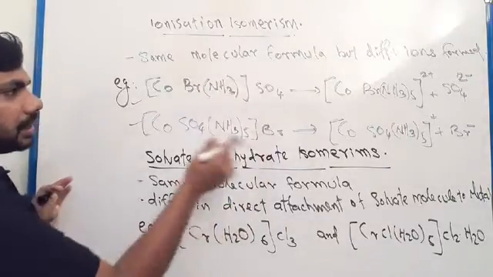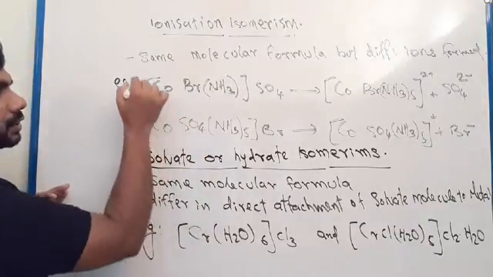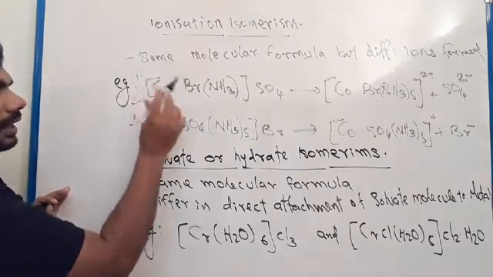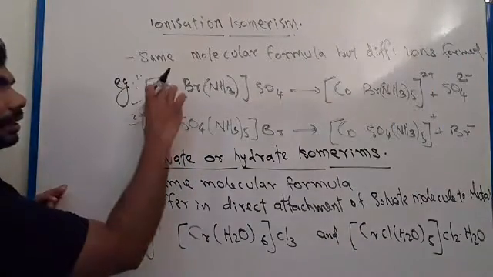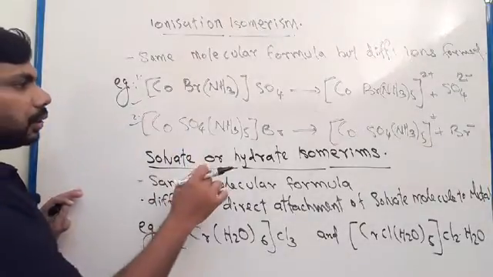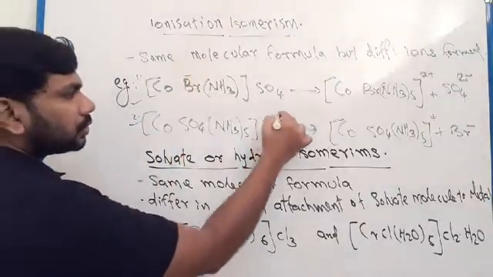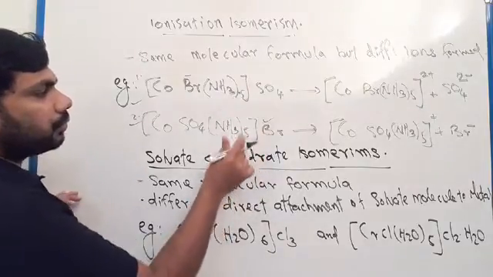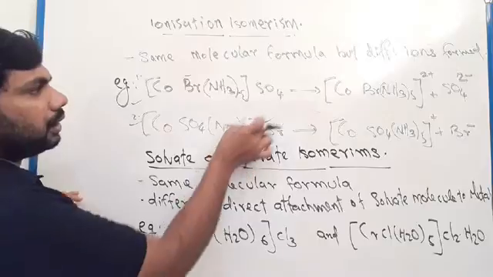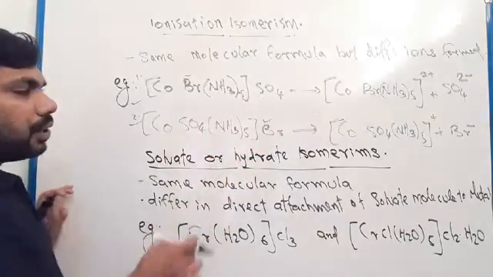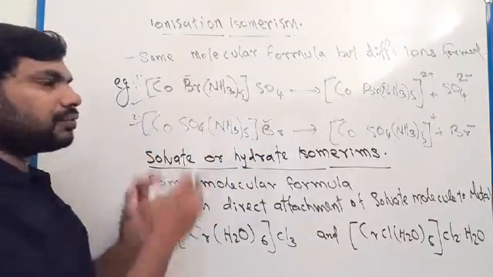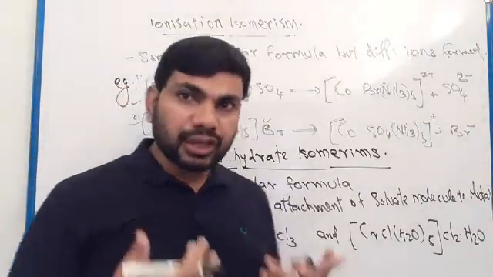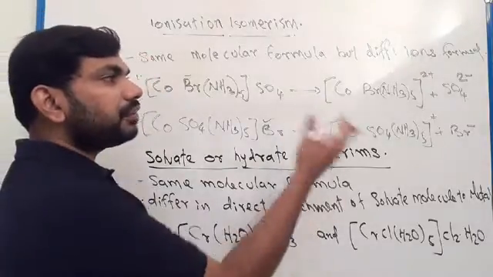You can see here cobalt, bromine, 5 NH3 molecules, and SO4 in both. So this pair of compounds have the same molecular formula, but after ionization they form different ions.